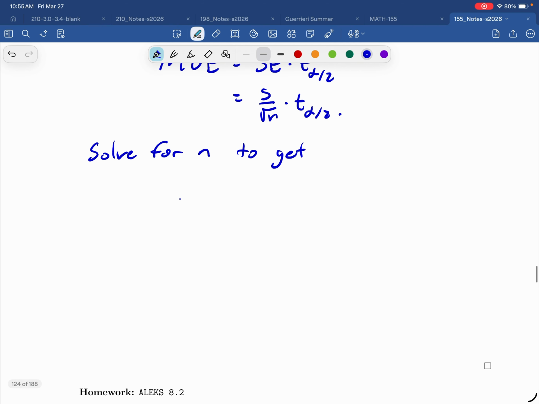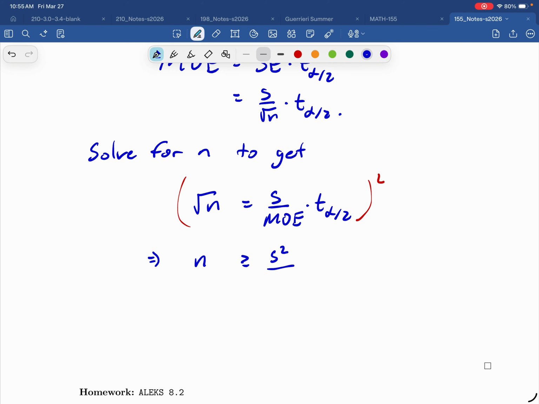if we square both sides, actually, no, let's not square both sides yet. We're going to get root n equals s over the margin of error times our critical value. And then we square both sides, and it's going to become greater than or equal to, because we need it to be at least, s squared over the margin of error squared times t alpha over 2 squared.